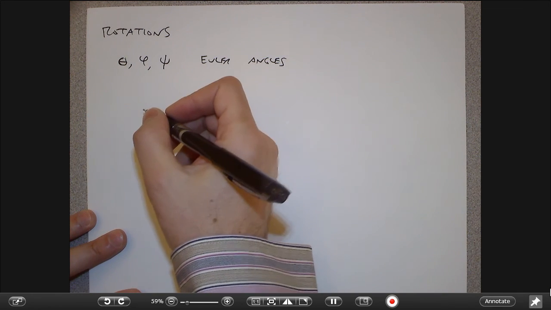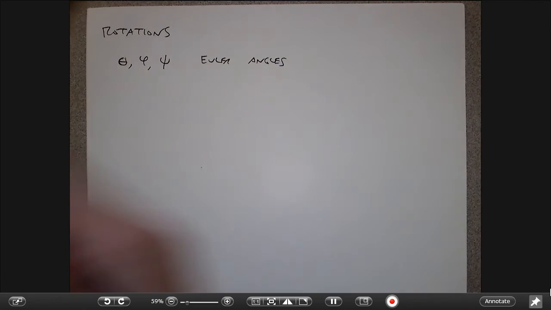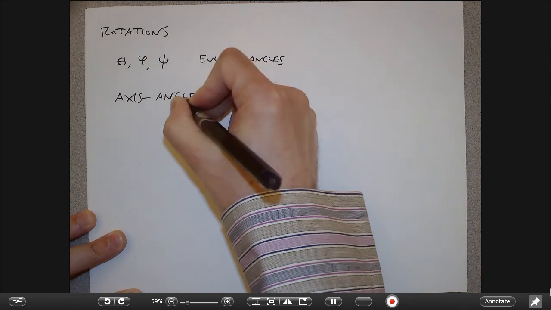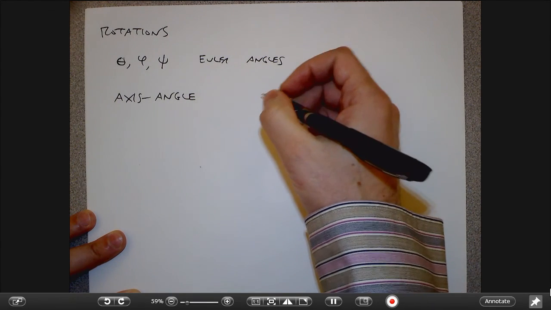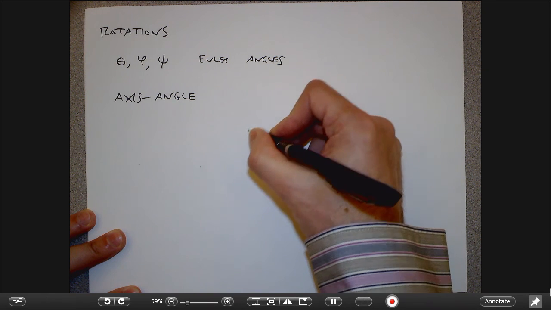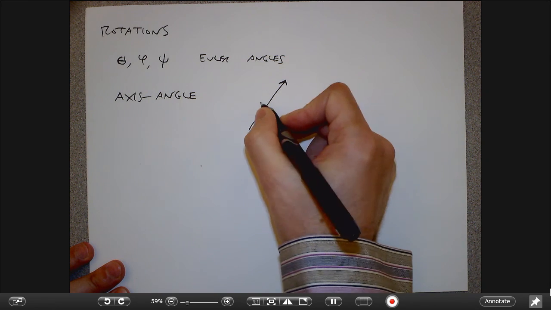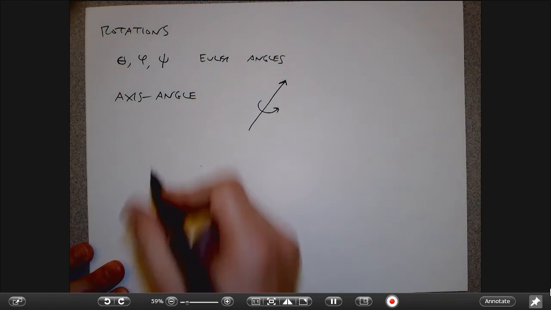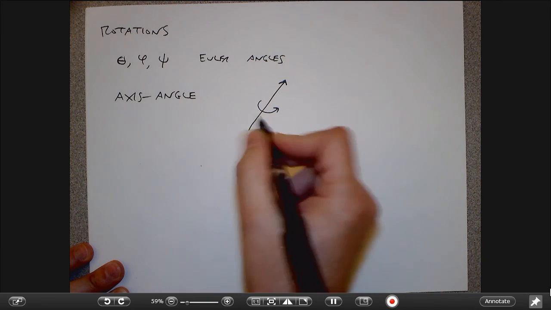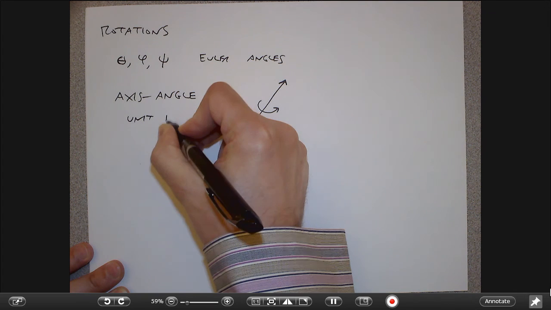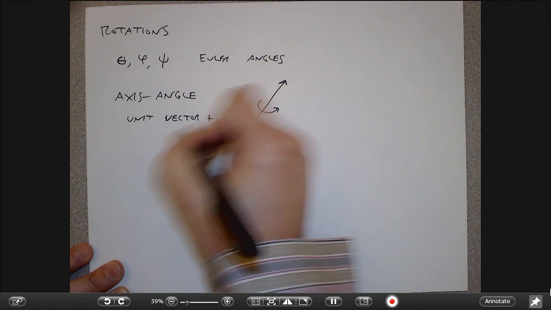One thing we talked about briefly in the last chapter is axis angle parameterization, and that's pretty good in general. That basically says I tell you a vector, and then I tell you the rotation around that vector. Usually I represent this as a unit vector plus an angle.